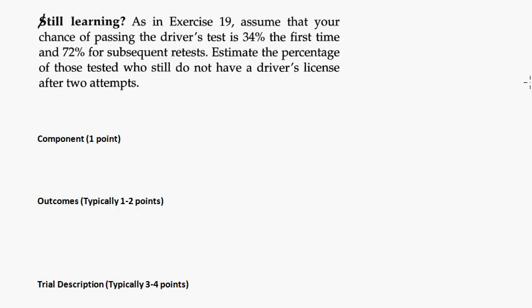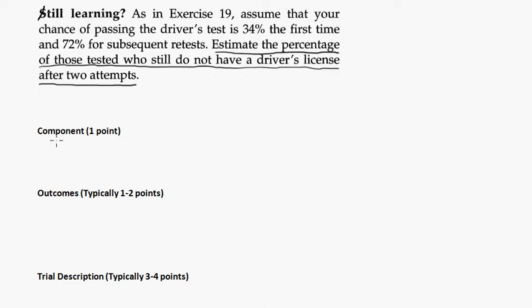Okay, so again, we're taking a driver's test, but this time we want to estimate the percentage of those tested who do not have a driver's license after 2 attempts. So our component is still just taking one test.